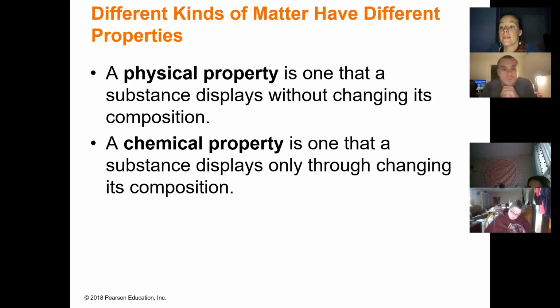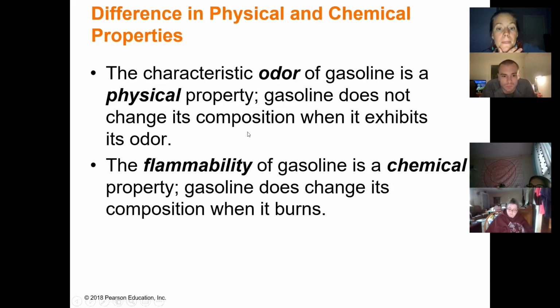A chemical property of gasoline is its flammability. How does gasoline show you it's flammable? Well, you have to light it on fire and it has to convert into something new. So you would get carbon dioxide and water and a bunch of heat. And we capture that heat from gasoline to run our cars. So the odor of gasoline is a physical property. The flammability of gasoline is a chemical property.